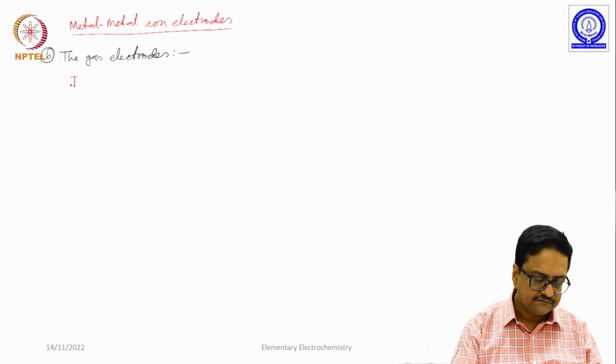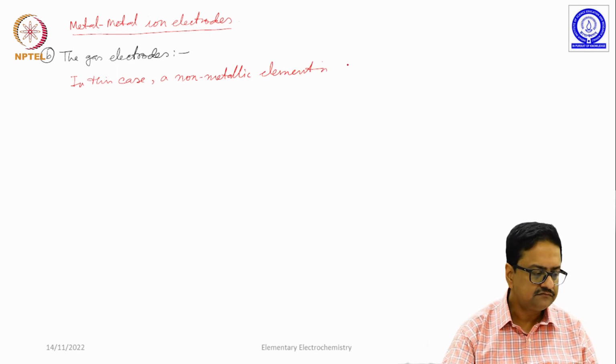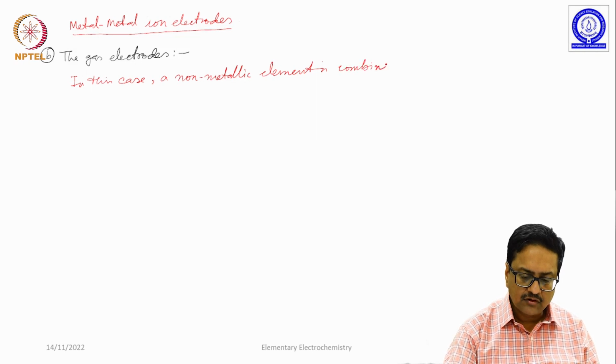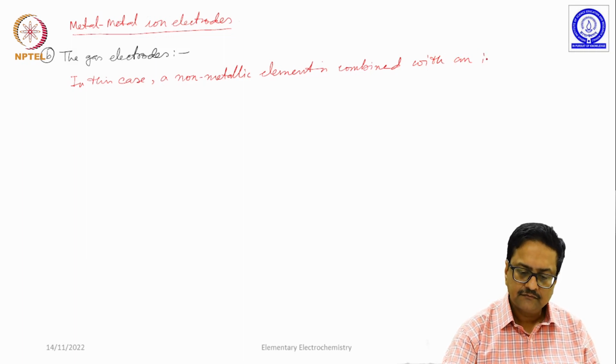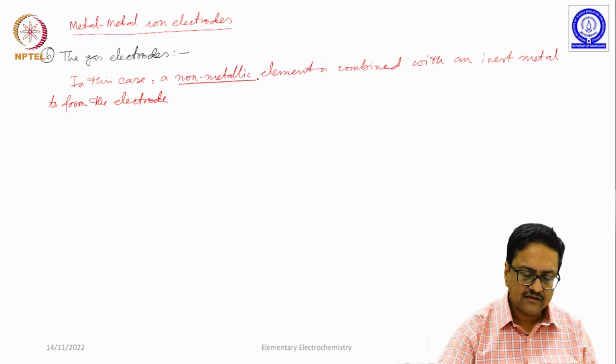So in this case, a non-metallic element is combined with an inert metal to form the electrode, and this non-metallic element is in general a gas.